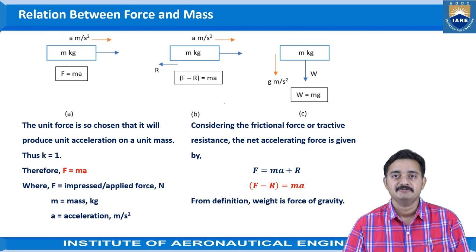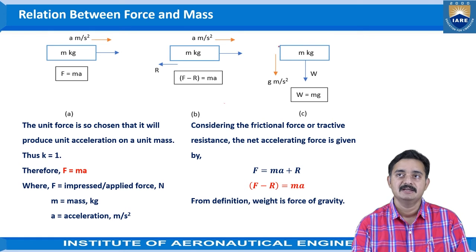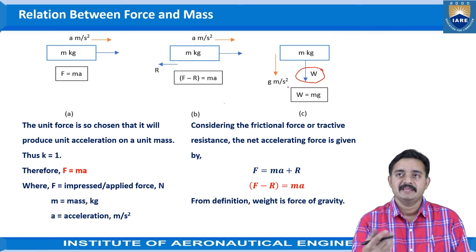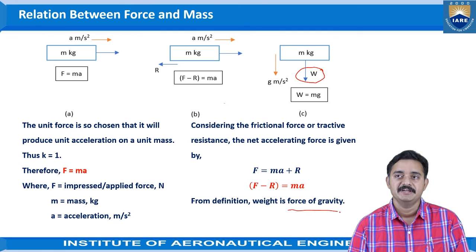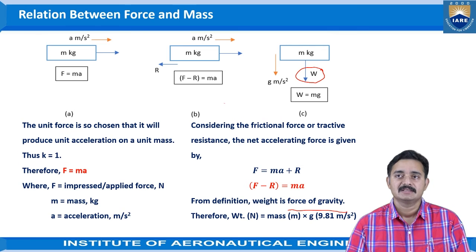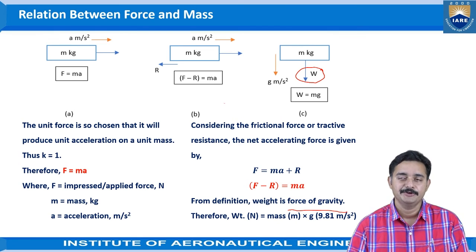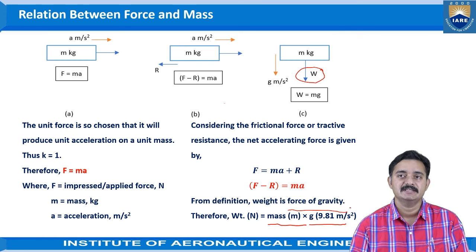Then from definition, weight is force of gravity. This is the third case, where weight consideration is being taken and we are not applying any force, but weight is being considered as the force of gravity. So the weight in newtons is given by mass m into acceleration due to gravity, that is g.